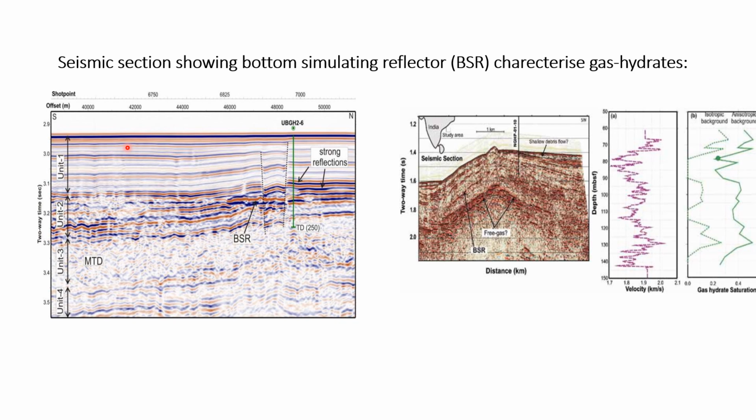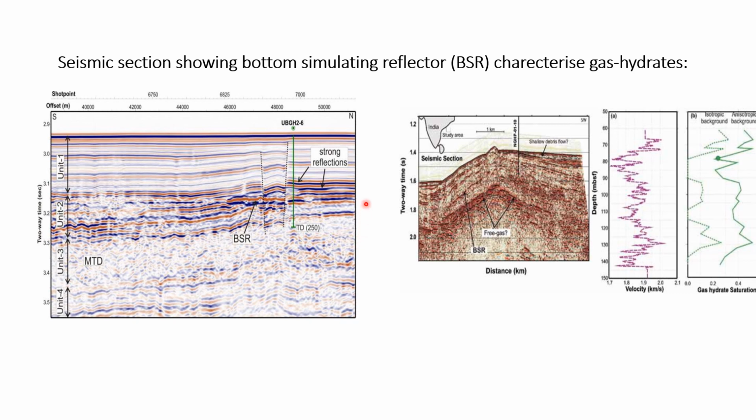Then first we take the 3D seismic data, then apply the seismic processing steps, and ultimately we find a seismic section. By seeing this seismic section, whether we can tell that here we can get gas hydrate or not, this is known as interpretation.